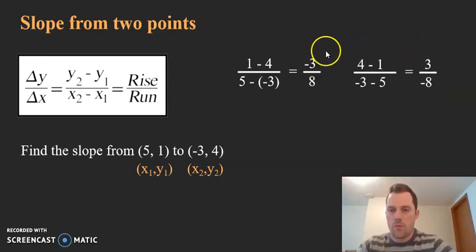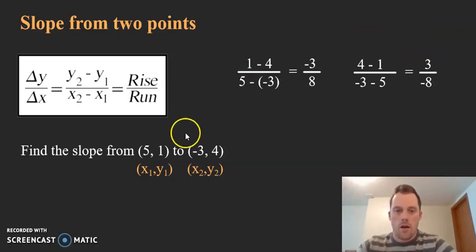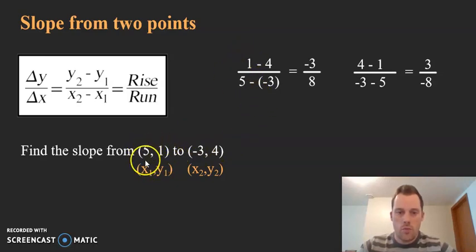But both cases end up with a slope of negative 3 over 8. So again, it doesn't matter here, just as long as if you pick this y value first on the top, then this x value that's in the same point has to go with it. So you see 5, 1 go together here first. Over here, 5 and 1 go together second.